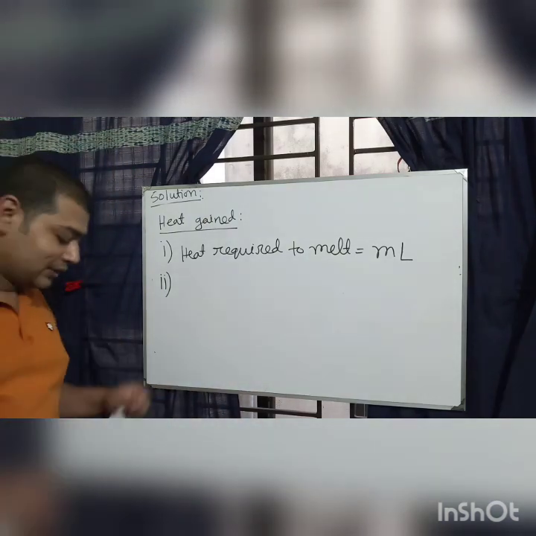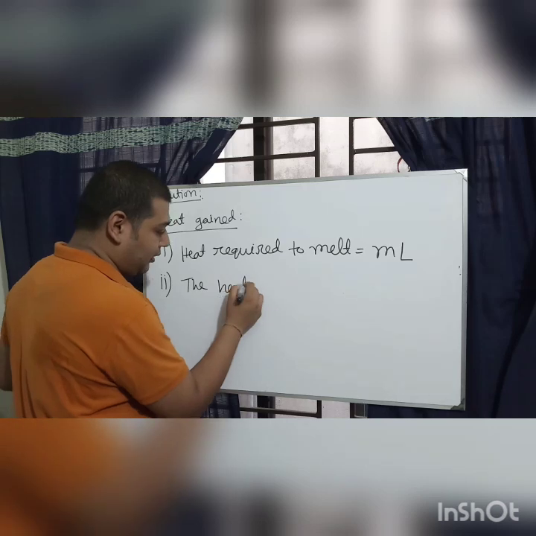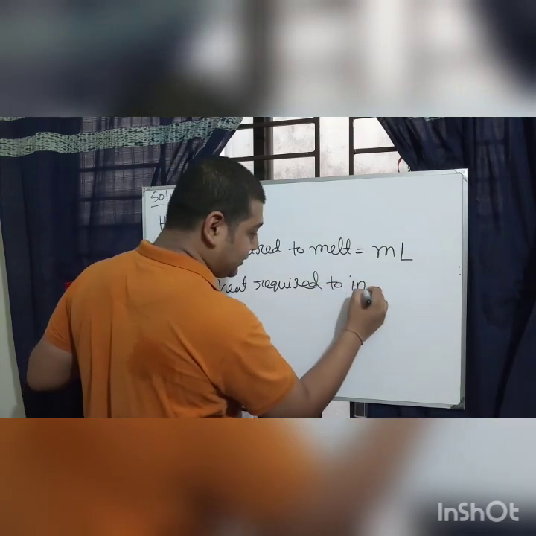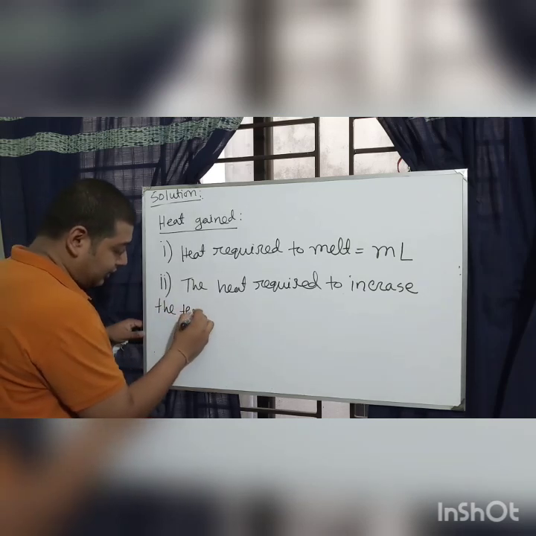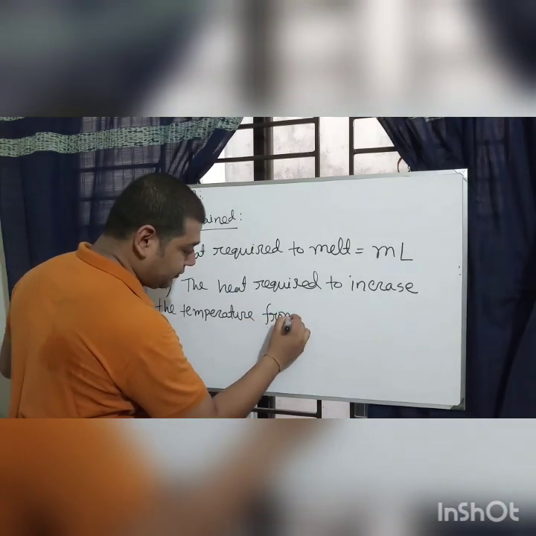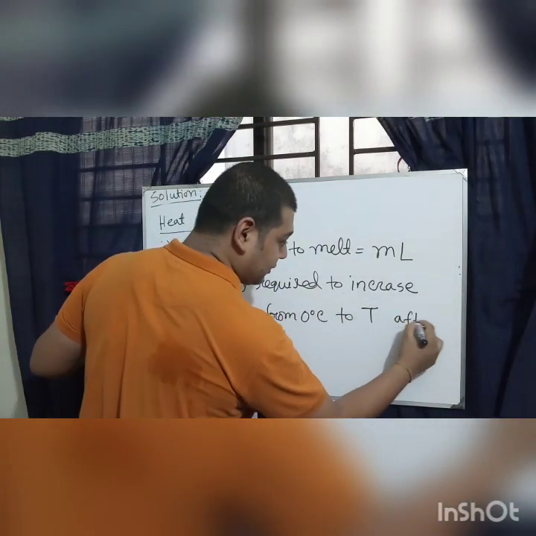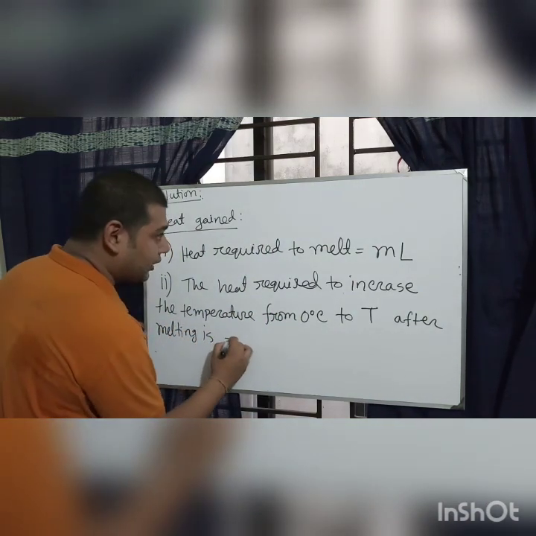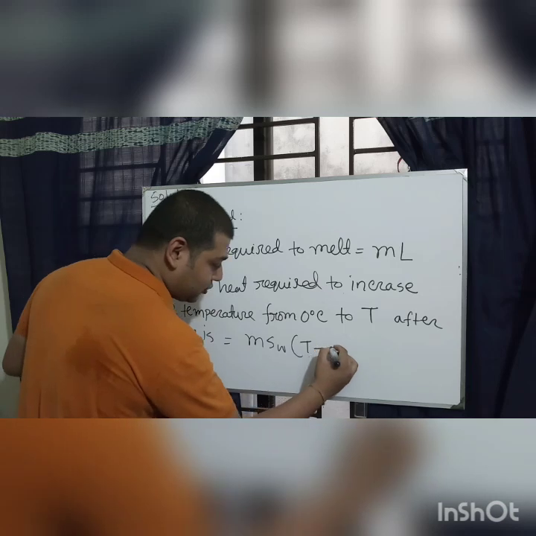On this stage the heat required to increase the temperature from 0 degrees Celsius to T after melting is equal to m S water (T minus 0).